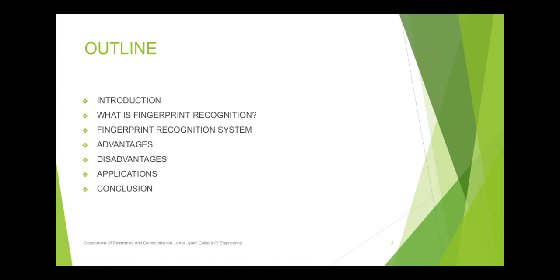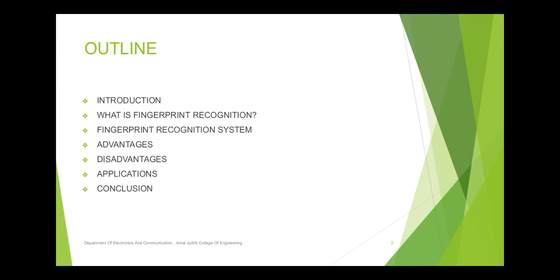And then we move to the main advantages or key points of a fingerprint recognition system, and then the disadvantages or drawbacks, and then we can simply go to the conclusion.